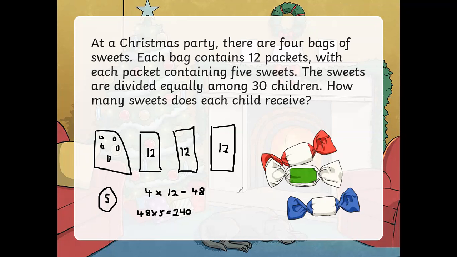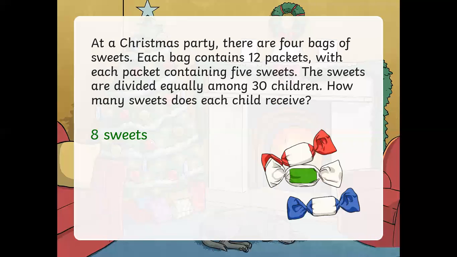So to find that, it's 240 divided by 30, which is equal to, cancel the zeros straight away, and then it's 24 divided by 3, so each child receives 8 sweets. Okay, let's check that answer. Clear the drawing. Yeah, it is 8 sweets.